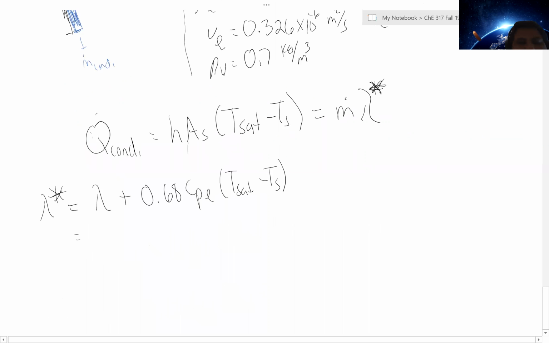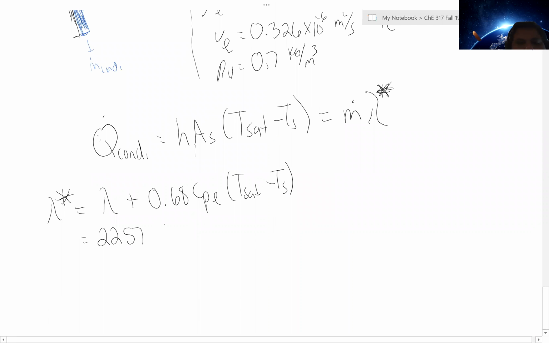2257 kilojoules per kilogram Kelvin plus 0.68 times the heat capacity of our liquid, which I had stated earlier was about 4206, or I can say 4.206 kilojoules per kilogram Kelvin.